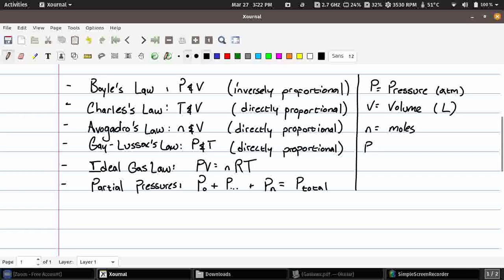And then we have R. R is the gas constant. It's 0.0821 liters times atmospheres over moles times kelvins. So this is going to be used for you to cancel things out in the ideal gas law. And then we have temperature. That's usually going to be in kelvins.